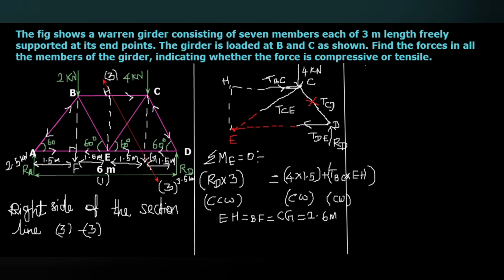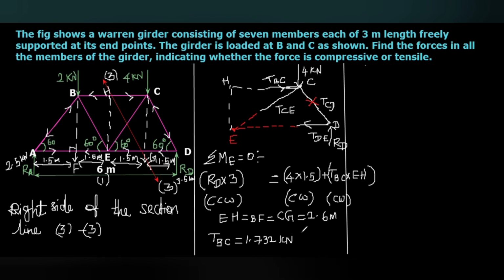So substituting the value, the only unknown is TBC, and we get the value of TBC as 1.732 kilonewton. And here you can see for the point C it is acting inwards to C, so at point B also it is inwards. So the force in the member BC tends to pull the body, so this is tensile in nature.